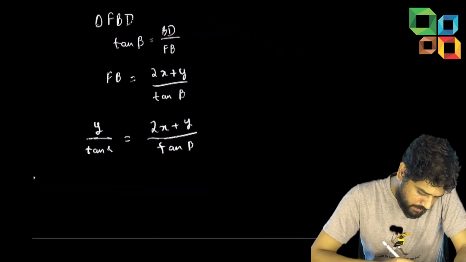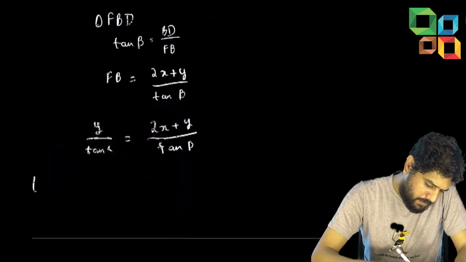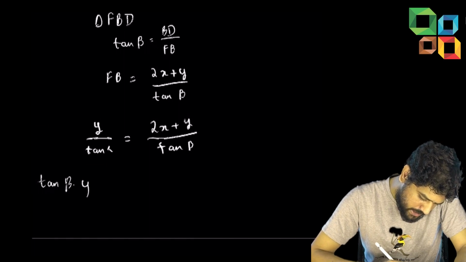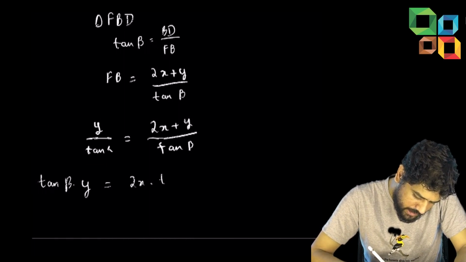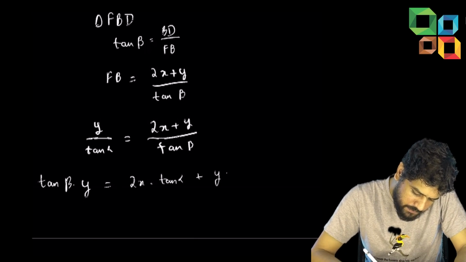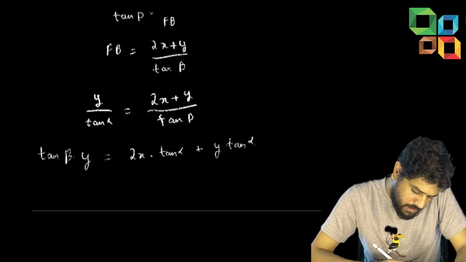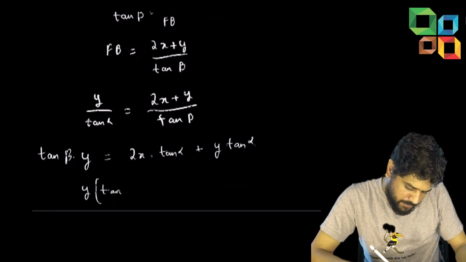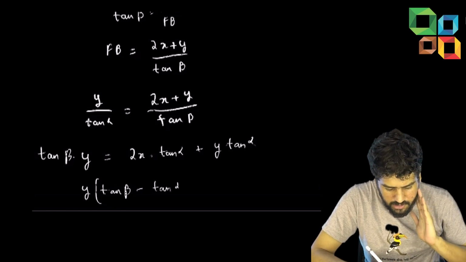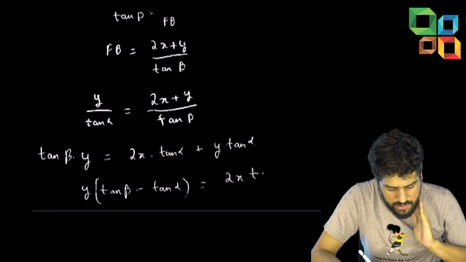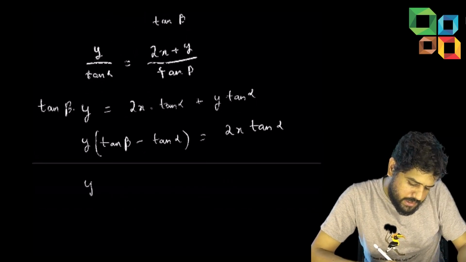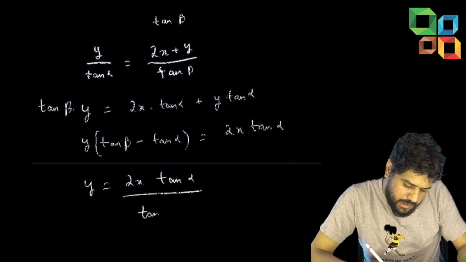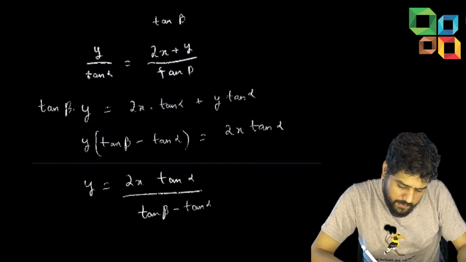Cross multiply. Tan beta times y is equal to 2x times tan alpha plus y times tan alpha, so y times tan beta minus tan alpha is equal to 2x times tan alpha, or y is equal to 2x tan alpha by tan beta minus tan alpha.